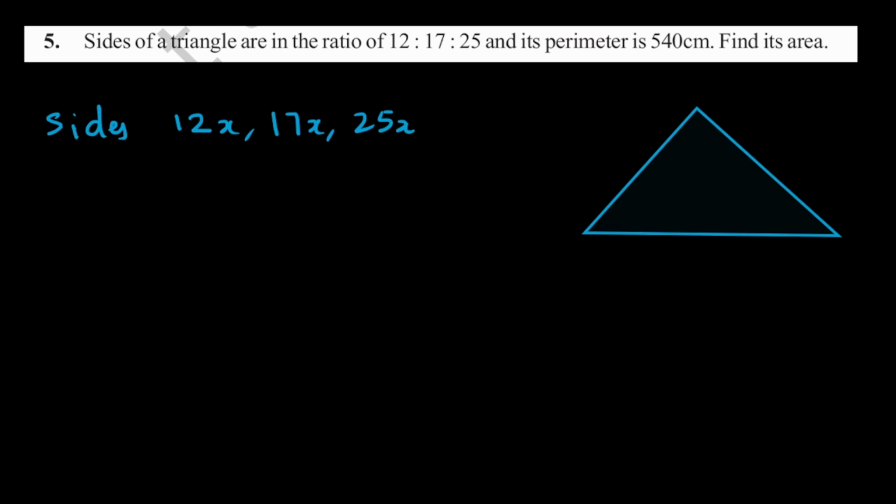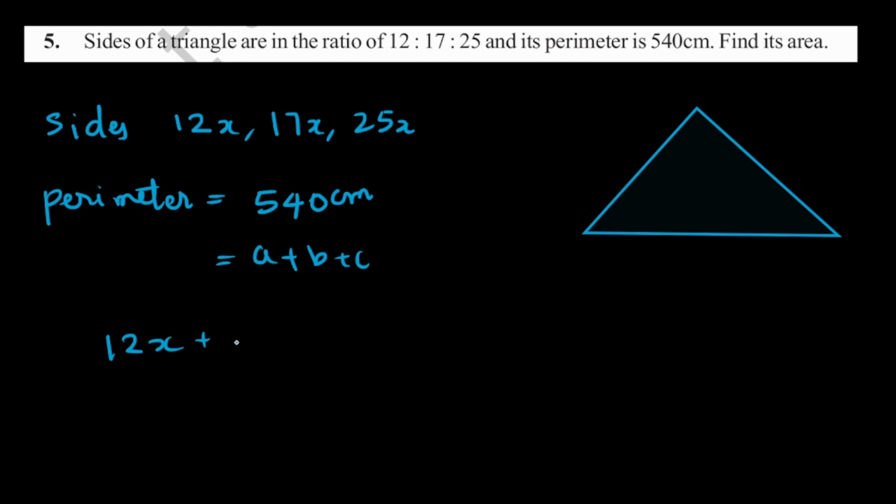So for that, what should we do? Already in the question, the perimeter is given as a clue, and let us write the perimeter, that is a plus b plus c, right? So we have 12x plus 17x plus 25x equals 540.